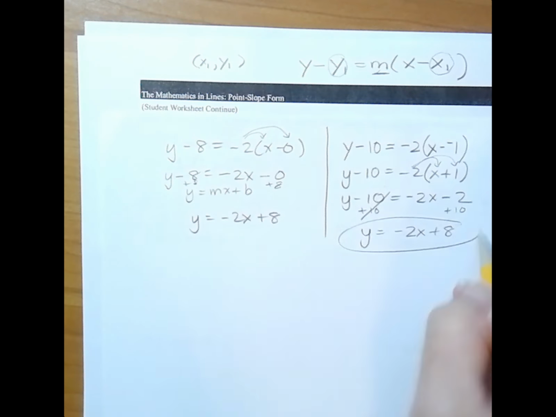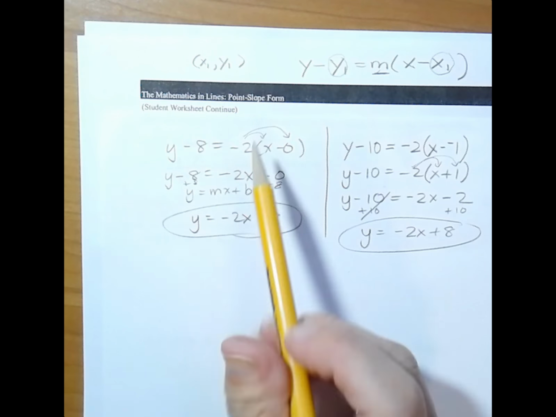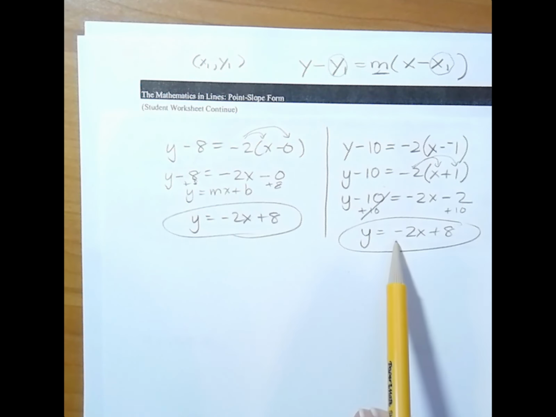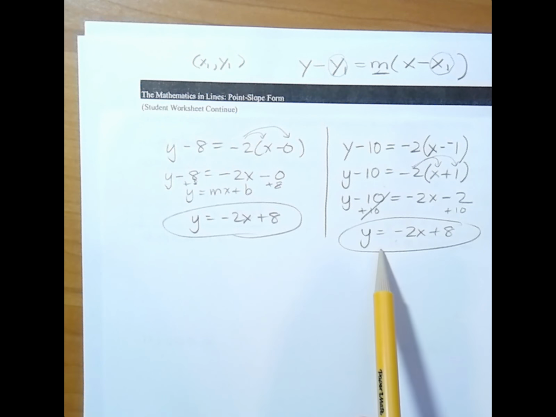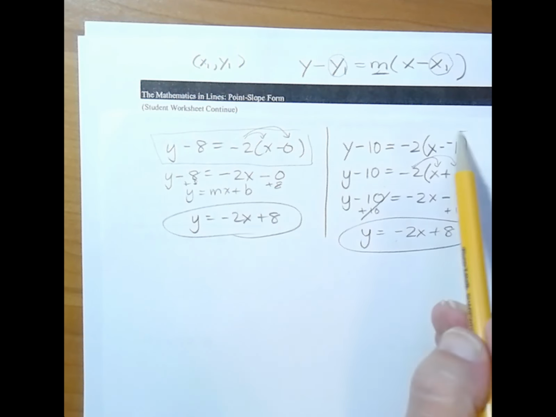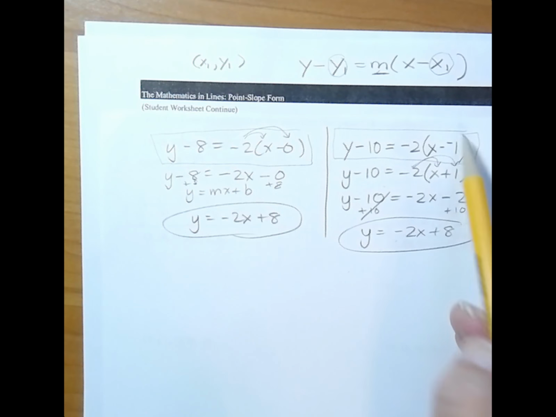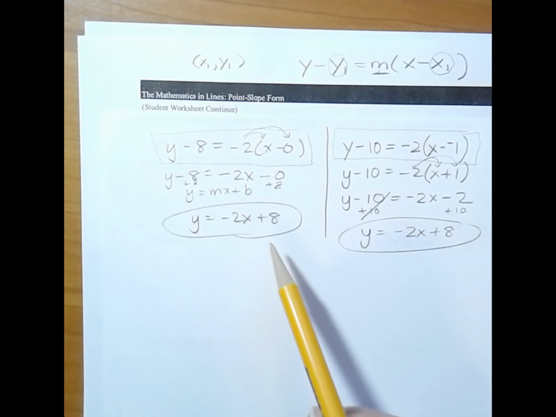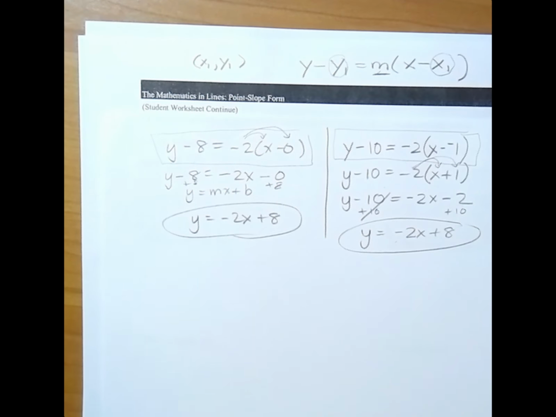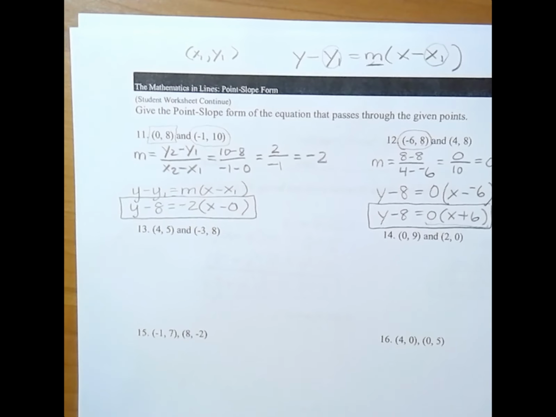Okay, and you can see if I take these equations and put them into slope-intercept form, they are exactly the same. So even though they don't look the same here in point-slope form, they are the same equation, and I just proved that to you by putting them both into slope-intercept form. So hopefully that makes sense. You can go ahead and try the rest of these problems and then check your answers.